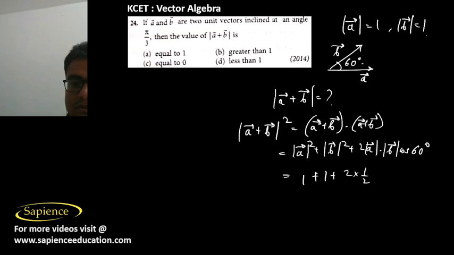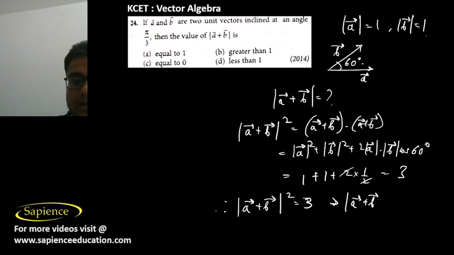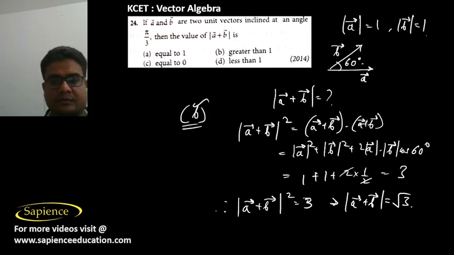Therefore, magnitude of A plus B whole square is 3. So magnitude of A plus B is root 3, it is obviously greater than 1. So option B is the correct answer.